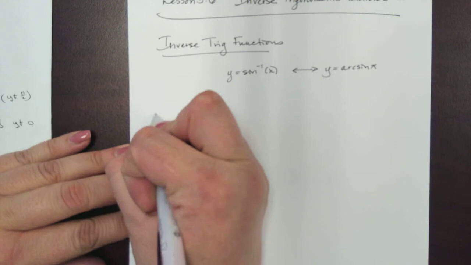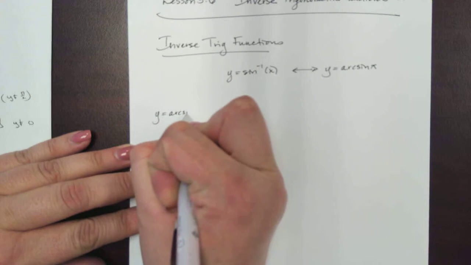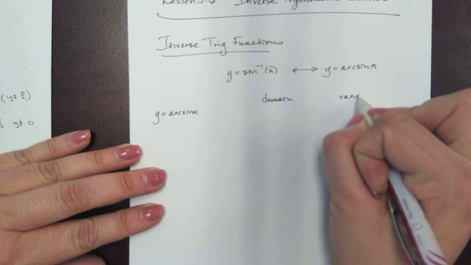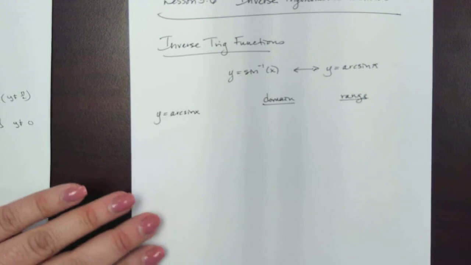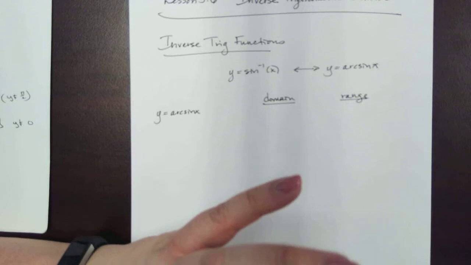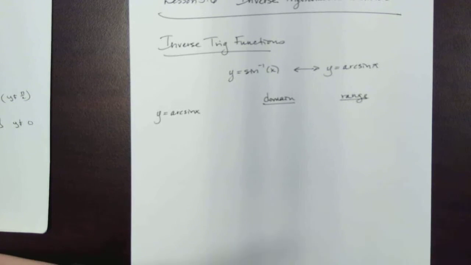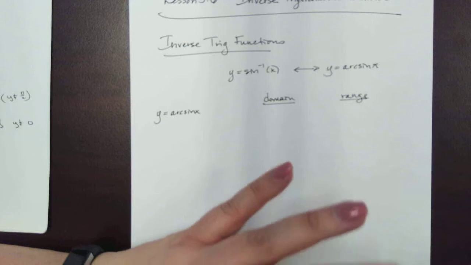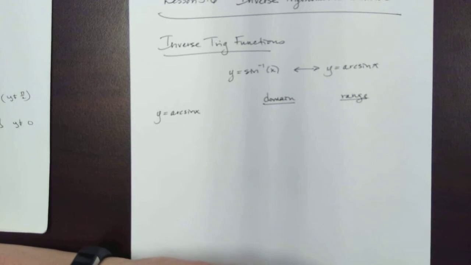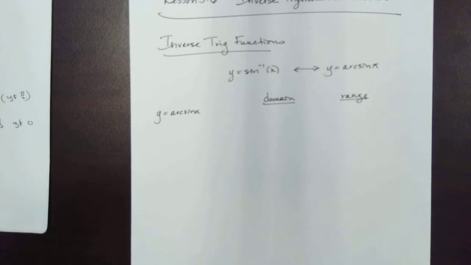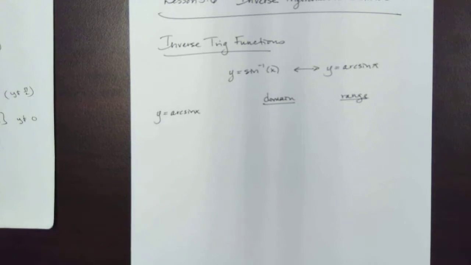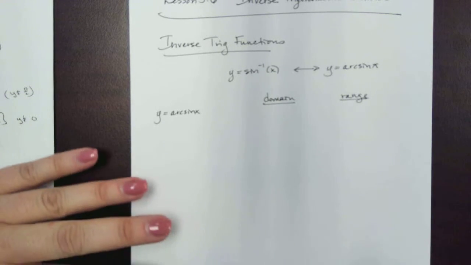Okay, so if I have my function y equals arc sine x, the domain and the range, and again, we restricted the domain of the regular y equals sine x, the parent function, so that it would pass the horizontal line test, so it would have an inverse. Because sine does not pass the horizontal line test as it is, as it goes to infinity. But if I restrict it so that it will pass the horizontal line test, then I do have inverse trig.